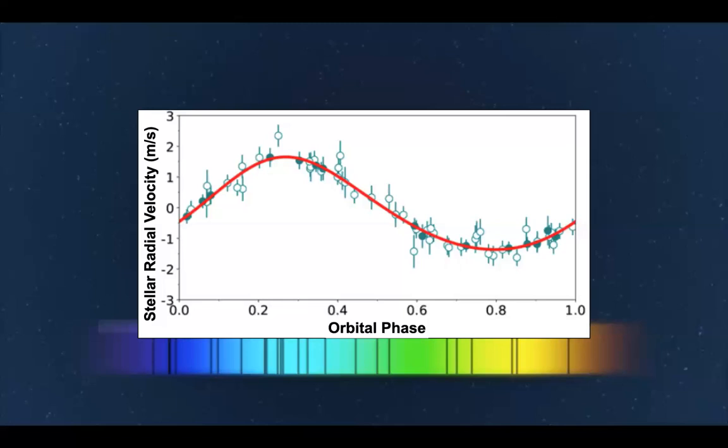So you can get the period, but the amplitude of that variation, the amplitude of that sine curve, tells you about the mass of the planet. It's a gravitational effect, so it's sensitive to mass. Okay? So this is actual data.